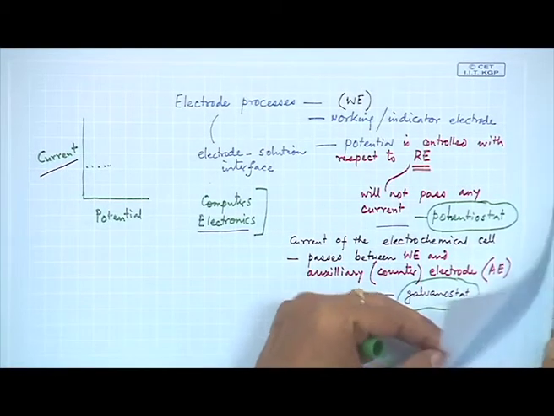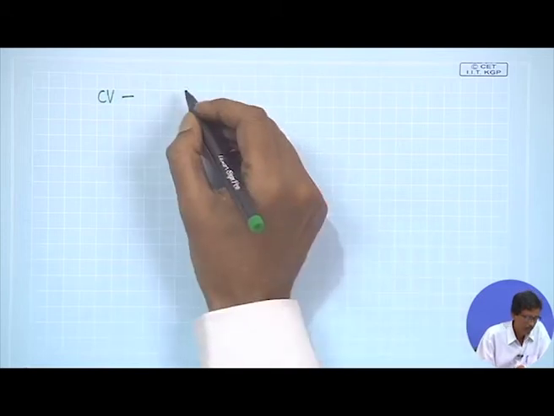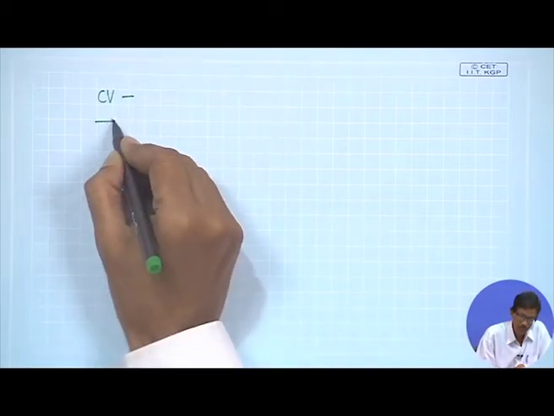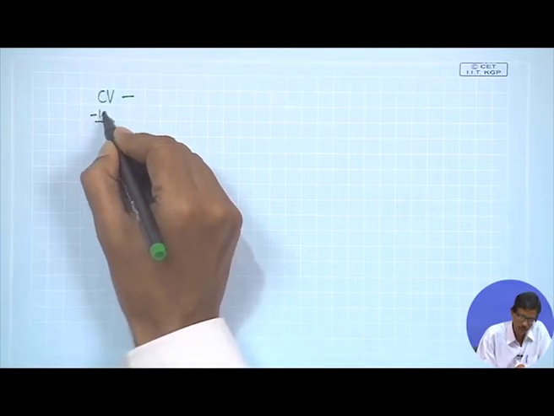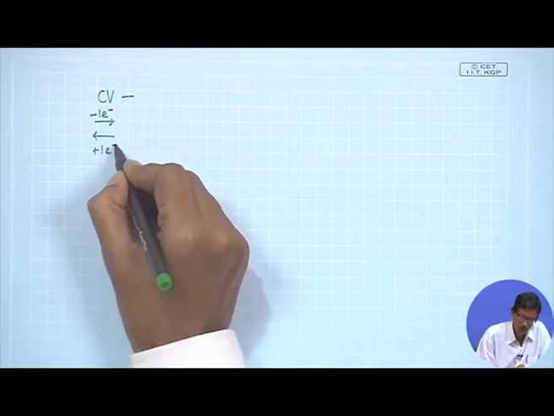The first thing we are getting is cyclic voltammetry. Cyclic voltammetric arrangements can be used, because we have seen that it can go for one electron oxidation, that means minus one electron, or it can go for plus one electron reduction.